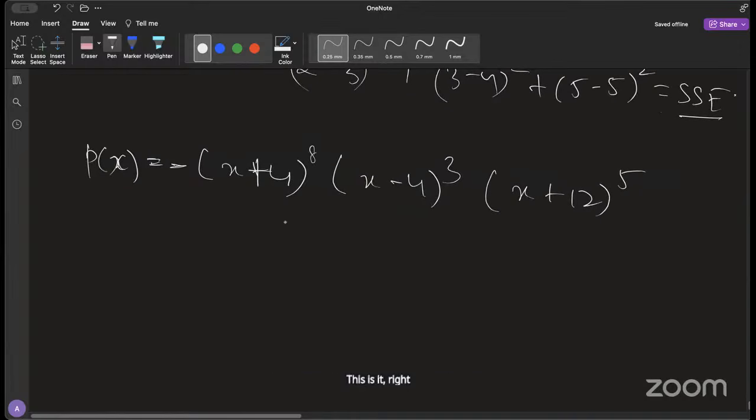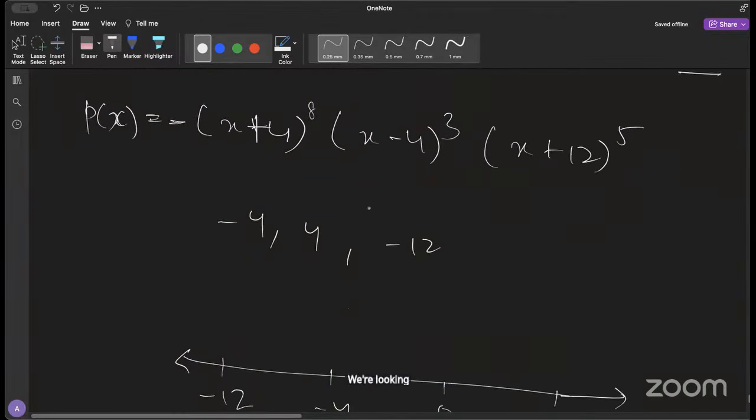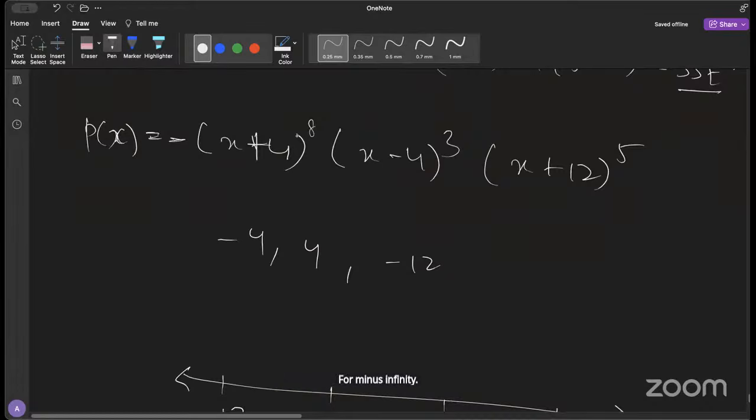This is it, right? And you have to calculate the number of turning points. The roots here are -4, 4, and -12. So it's -12 here, -4 here, 0, and then 4. Looking at the end behavior, for minus infinity this is positive, this is negative, and this is also negative, so overall it's negative, right?